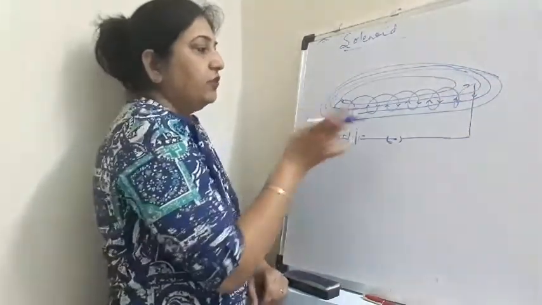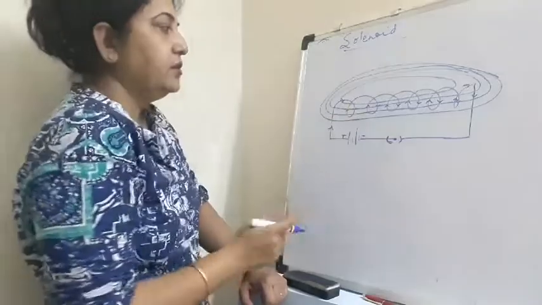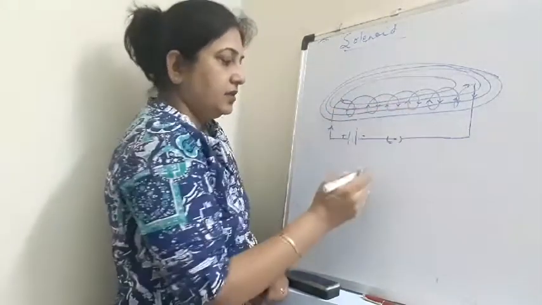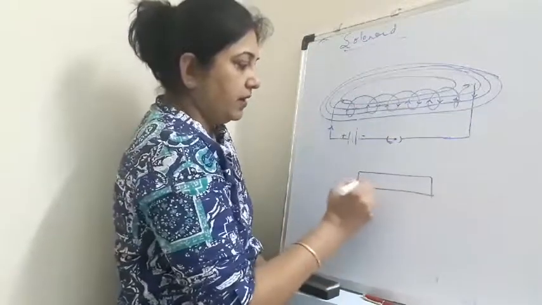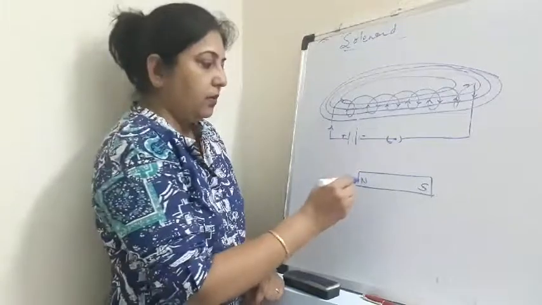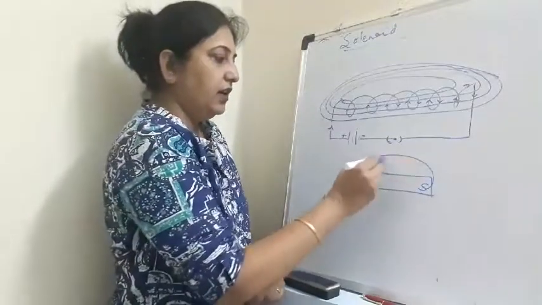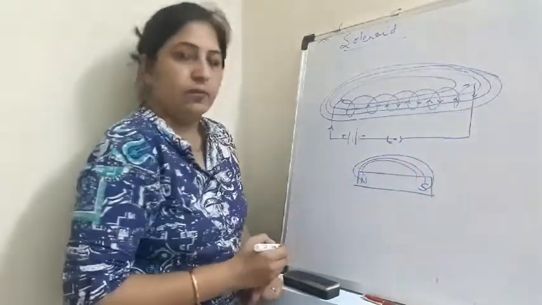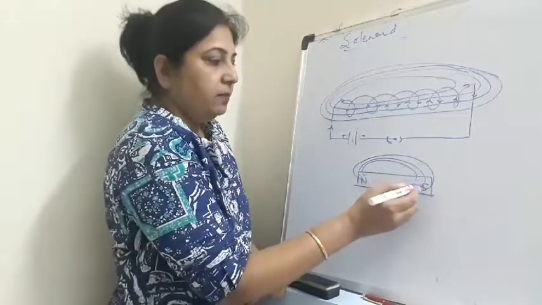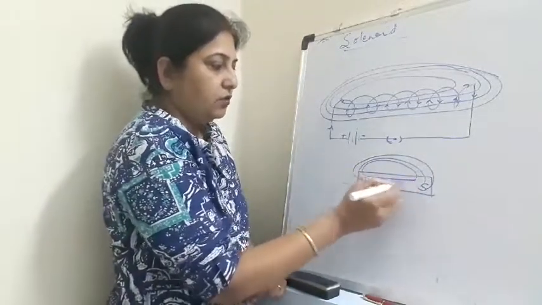These field lines in a solenoid are similar to those of a bar magnet. When we were studying the bar magnet, I told you about these field lines. They form this type of pattern, and from north they begin and end at south, and inside the magnet they move from south to north.